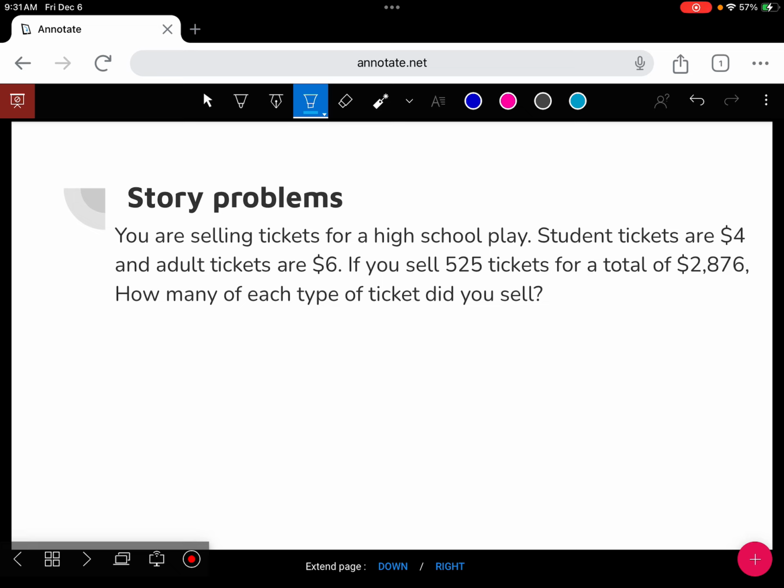So we've got that you're selling tickets for your play. Student tickets are $4, adult tickets are $6. You sell a total of 525 tickets, and you make $2,876. We want to know how many of each ticket type did we sell.